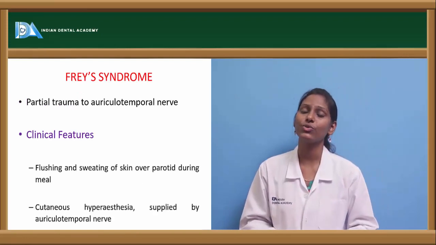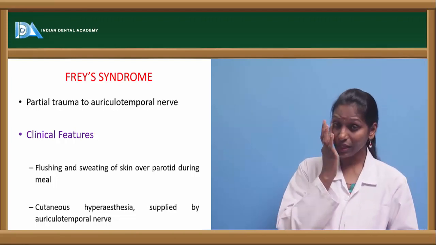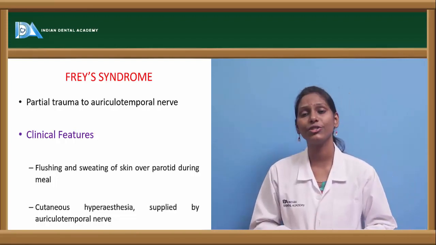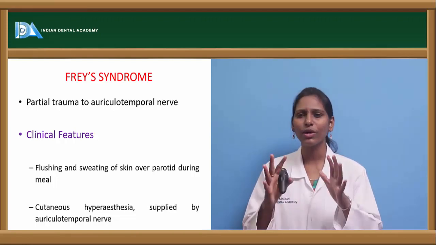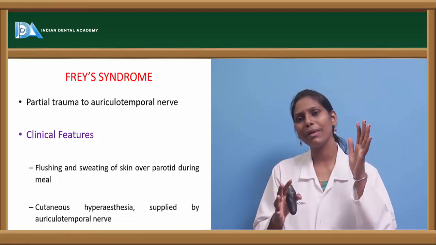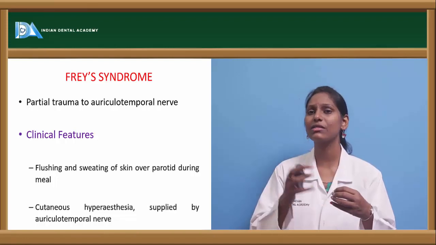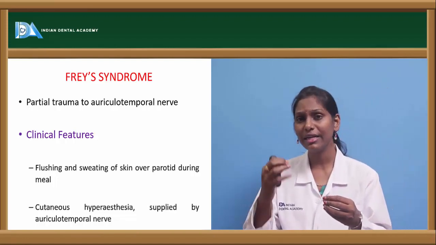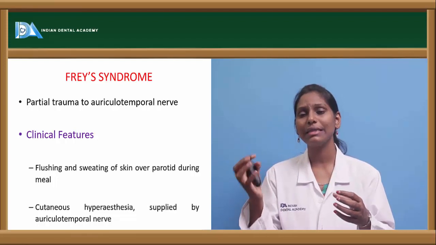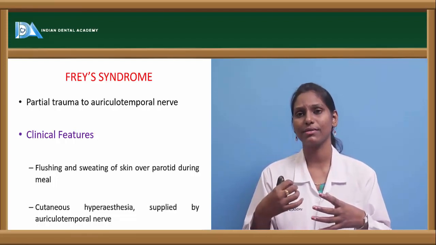We have another condition called Frey's syndrome. Frey's syndrome is usually caused because of partial trauma to your auriculotemporal nerve. The pathology here is that your parasympathetic nerve fibers accidentally anastomose with your sympathetic nerve fibers, which supply your sweat glands.